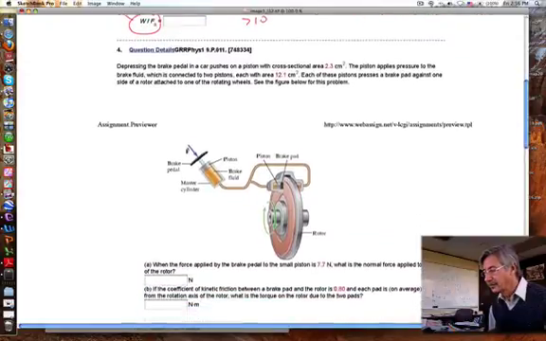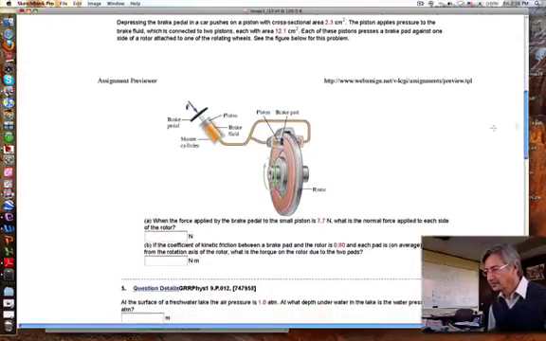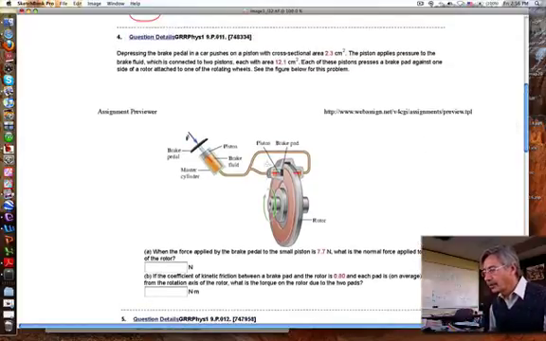This is a problem of the brake. So this is how a brake works. You push here with a certain force. This moves a little bit, and then these actually move pistons that are over here and help to stop. They push the brake pad. The point is that the pressure is the same.